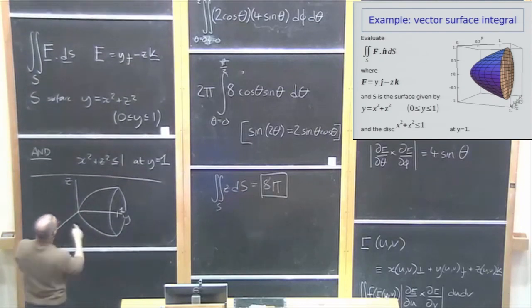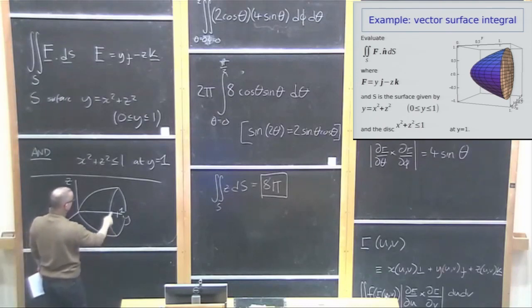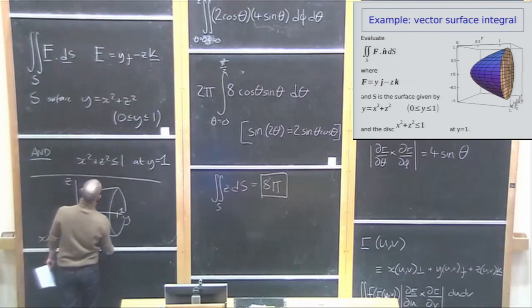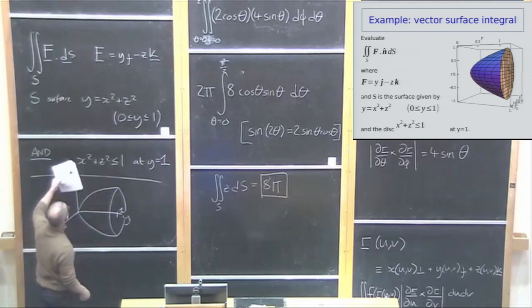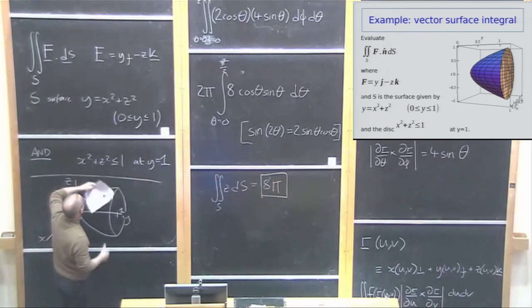Let's just check for a moment that this disk is sealing this paraboloid shape. It's not necessarily the fact that the disk they've given you actually matches onto the paraboloid shape, but it's easy to check, of course, because the paraboloid ends at y equals 1, and our disk is defined at y equals 1.